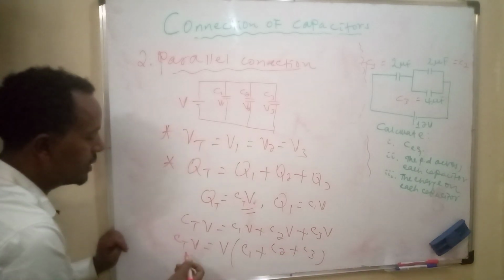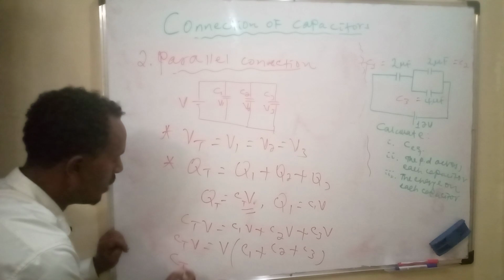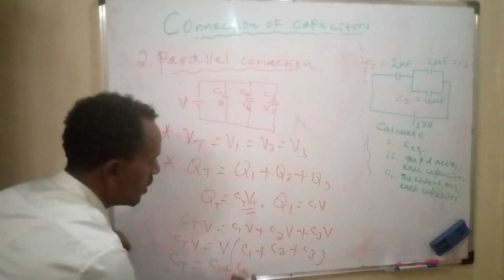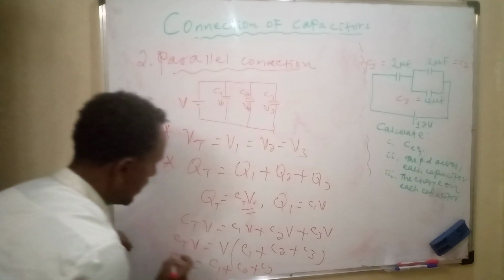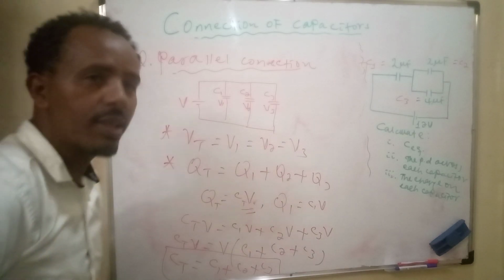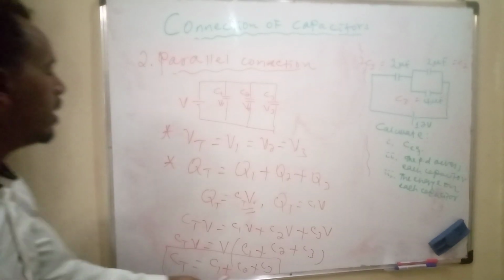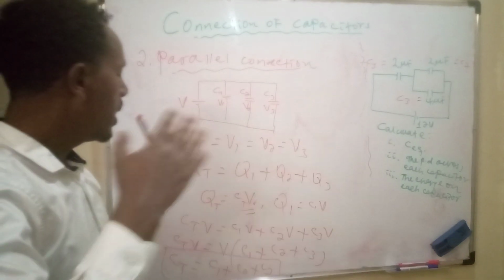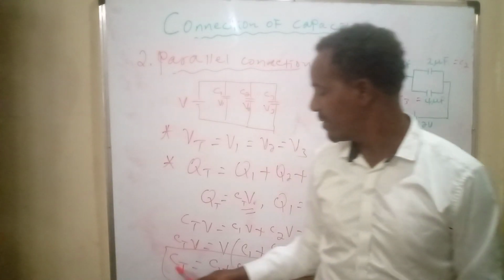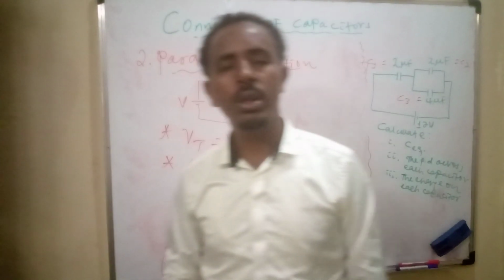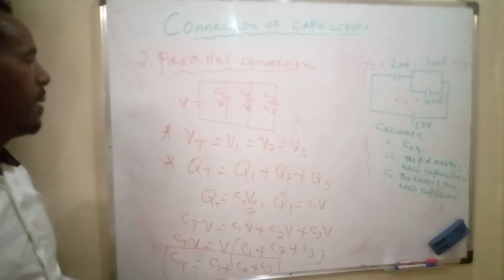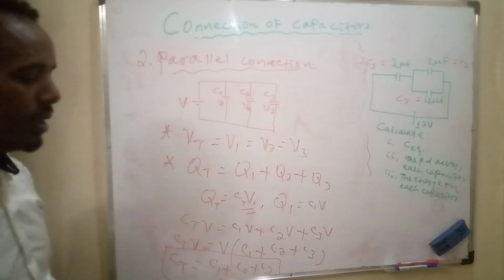V is cancelled, C total for parallel connection equals C1 plus C2 plus C3. Therefore, for parallel connection of capacitors, the total capacitance is equal to the sum of each capacitance of the capacitors.